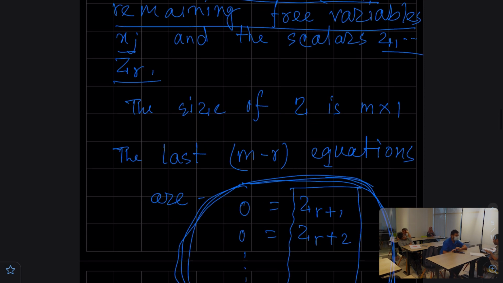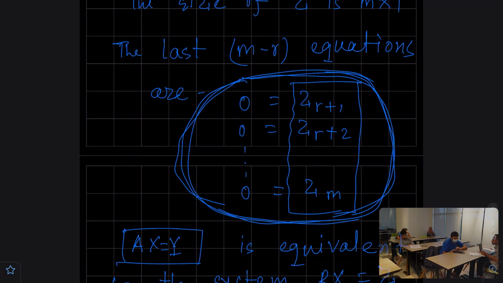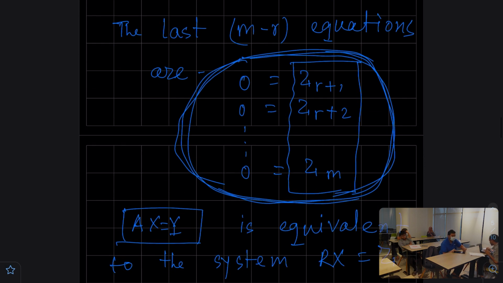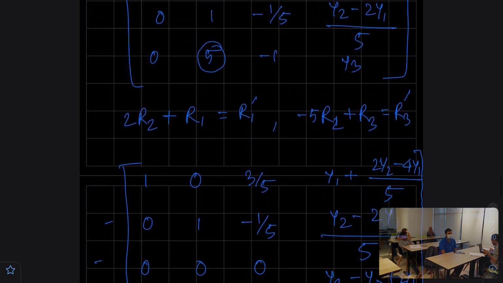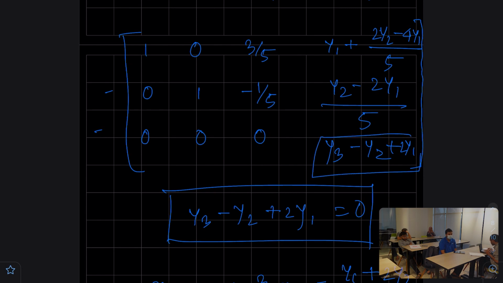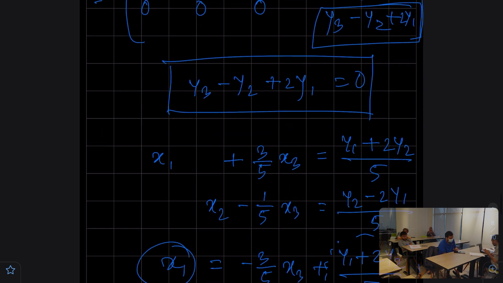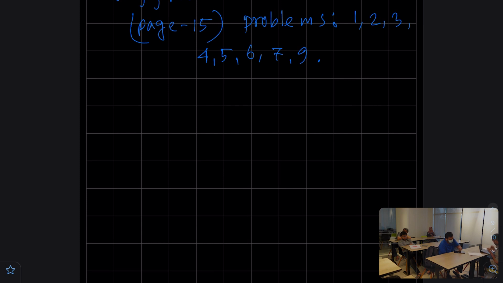So the first system was AX equals Y. After applying the EROs, I get the system RX equal to Z. That means Z is not equivalent to Y. That's why y3 is not 0, but this y3 minus y2 plus 2y1 is equal to 0. Right? Okay.